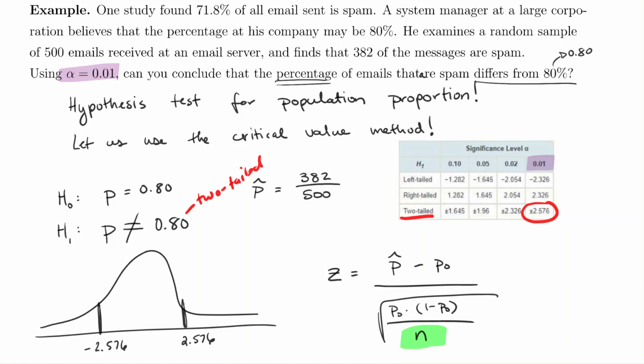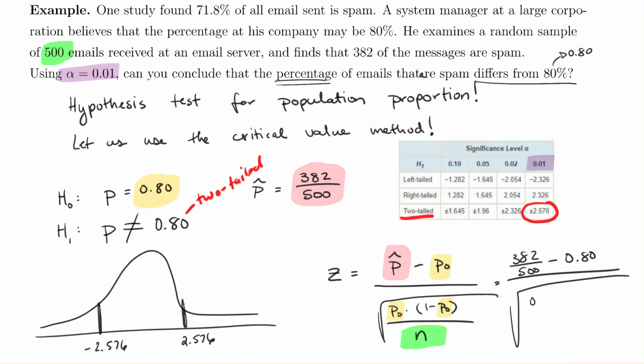Filling in this information, n is 500. We've already found p hat, and our p naught is the value that we're measuring it against. So writing this out, we've got 382 divided by 500 minus 0.80 divided by the square root of 0.80 times 1 minus 0.80 divided by 500.